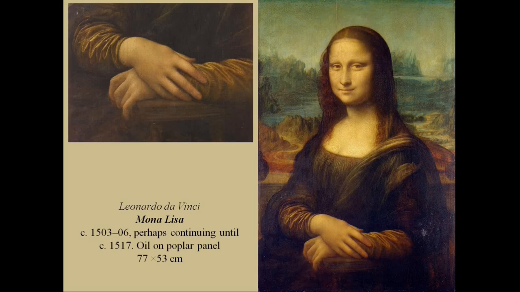So we also can notice that she is shown here in three-quarter position against the background of a landscape, and her figure is bigger than other parts of the composition, and she is above the horizontal line.